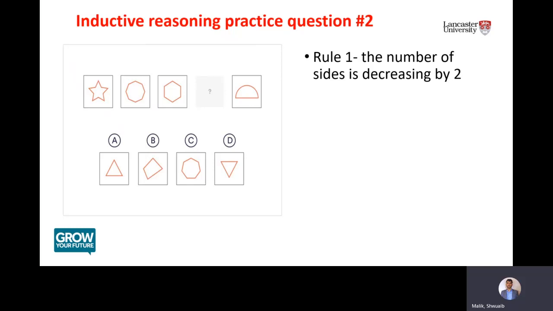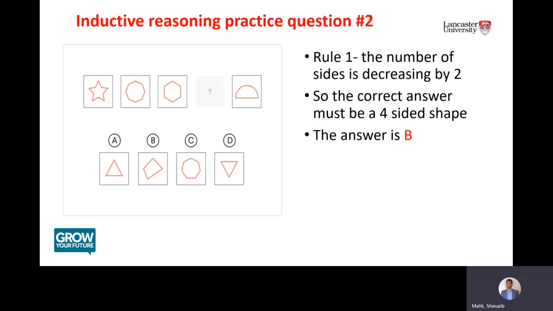With the star on the left, it's 10, then we move to 8, then 6, and then 2 after the box that we're after. So if it's moved from 10, 8, 6, it must be a 4-sided shape. That is the box in question that we're looking for. And from A, B, C, and D, the only one that is a 4-sided shape is B. So that is the correct answer here.